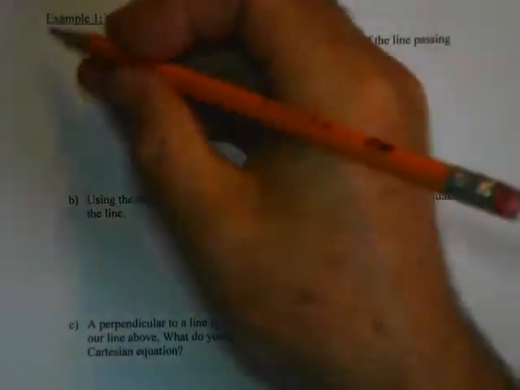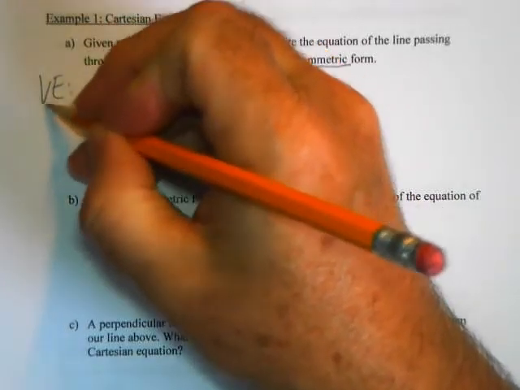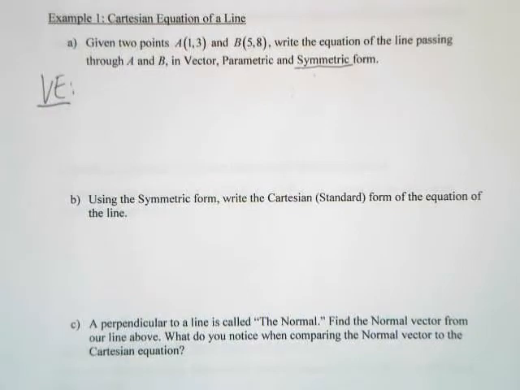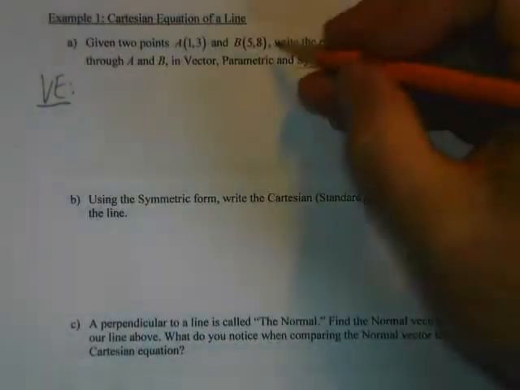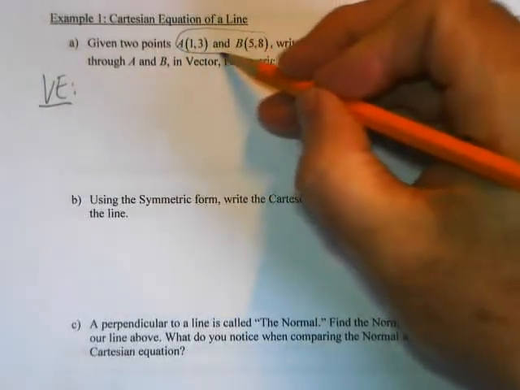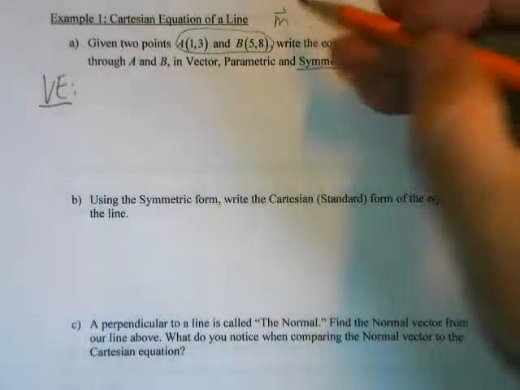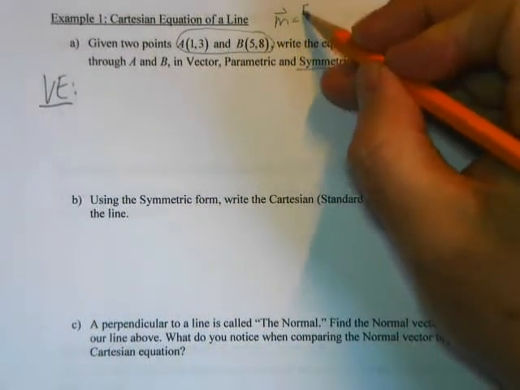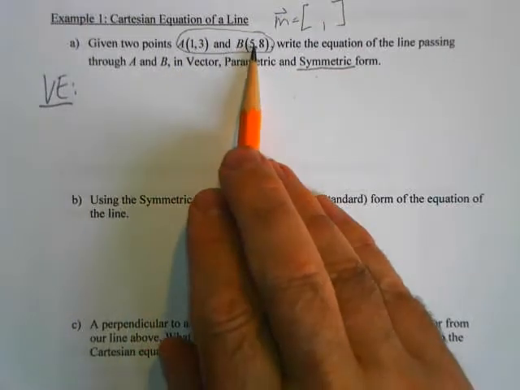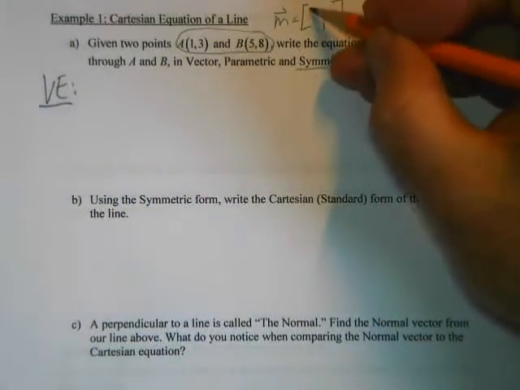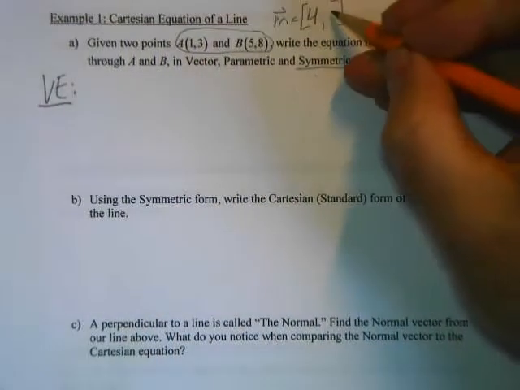Okay, so for the vector equation, and again I'll use the letters VE for vector equation. If I look at those 2 points, I can get a direction vector from them, and that direction vector will be equal to the change in the x's, which would be 5 minus 1, which is 4, and the second component is 8 minus 3, which is 5.